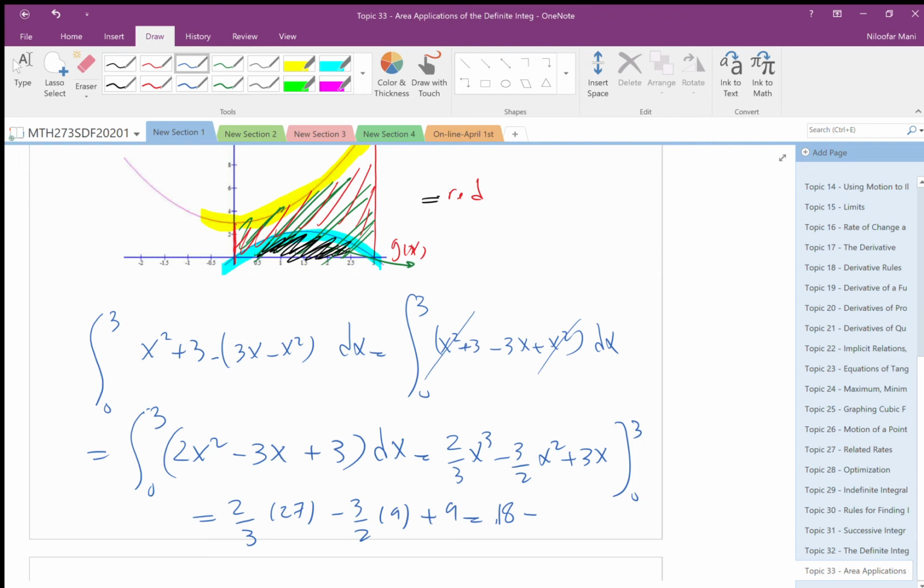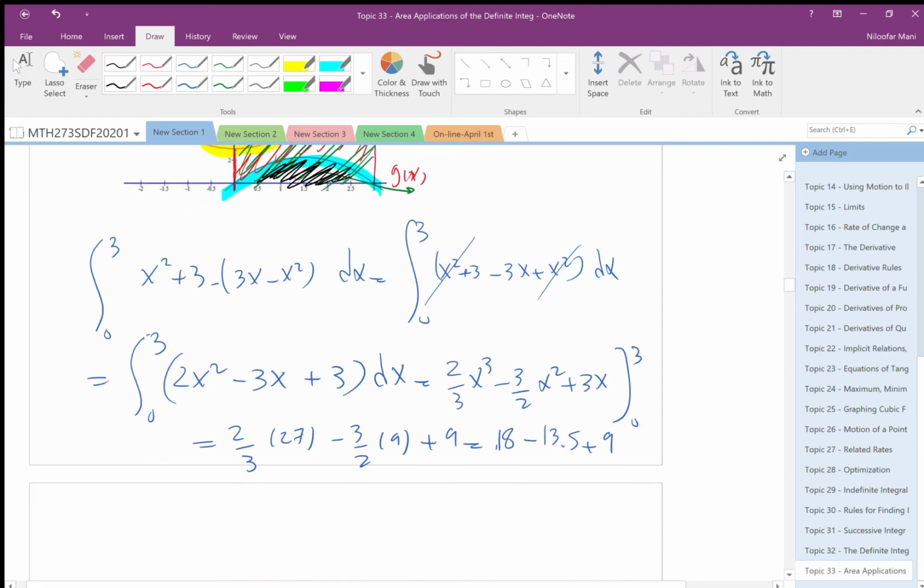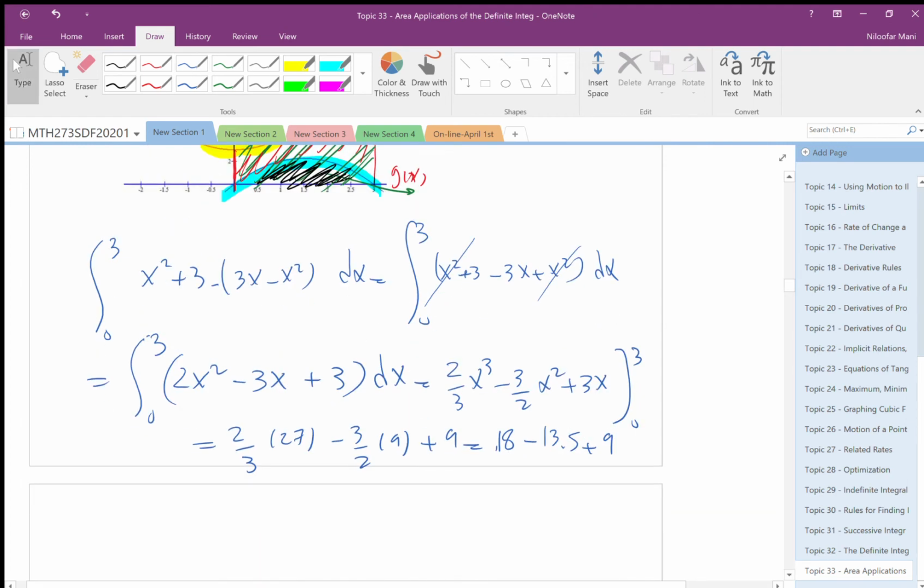Yes, so minus 13.5 plus 9, which is 13.5 units squared area.